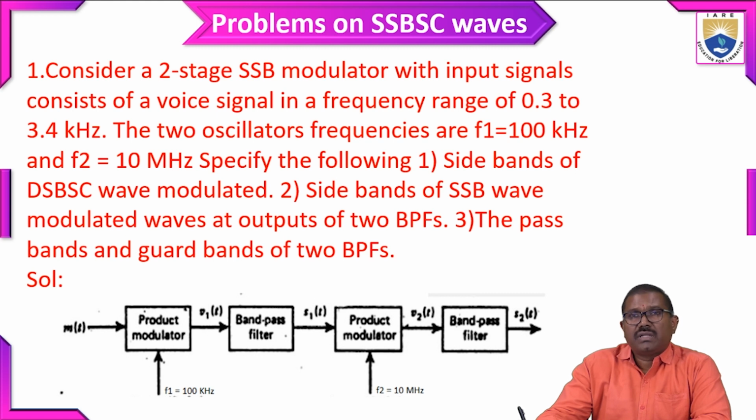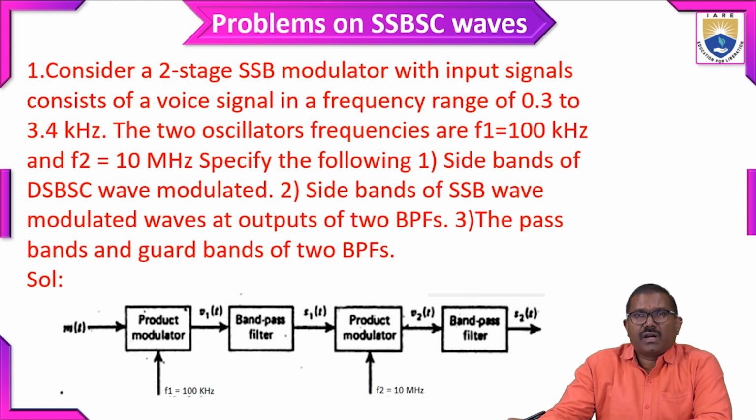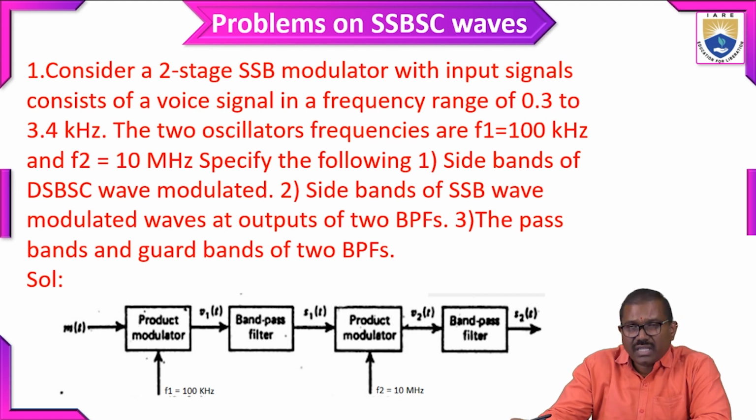That means in DSB-SC we suppress the carrier only, and the two sidebands pass as usual. That's why I am using the DSB-SC signal. From the DSB signal, we are going to generate SSB. Here we use a product modulator and a bandpass filter.